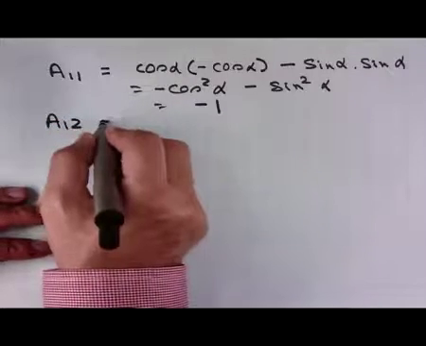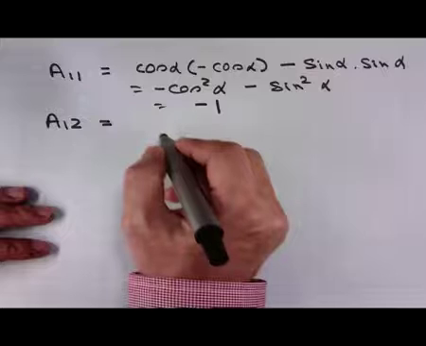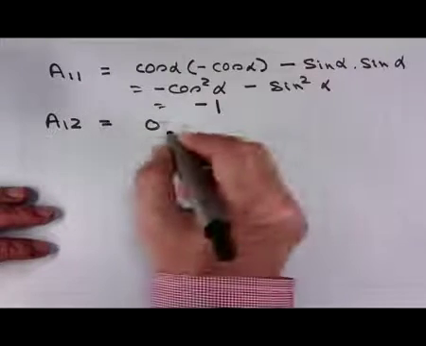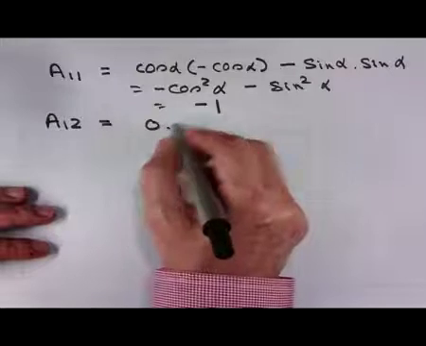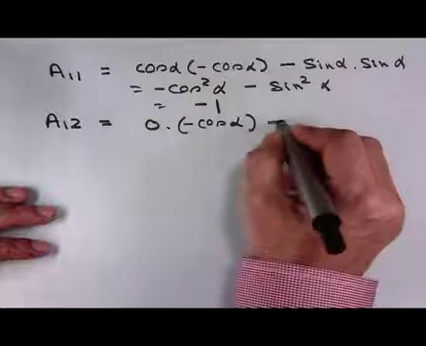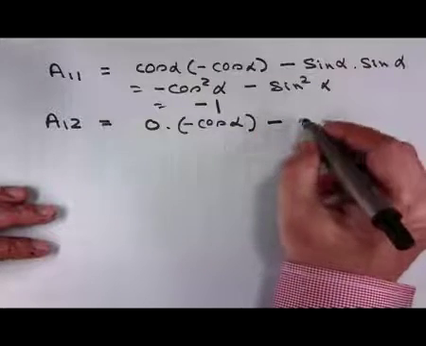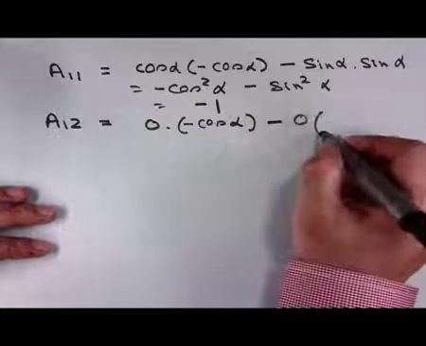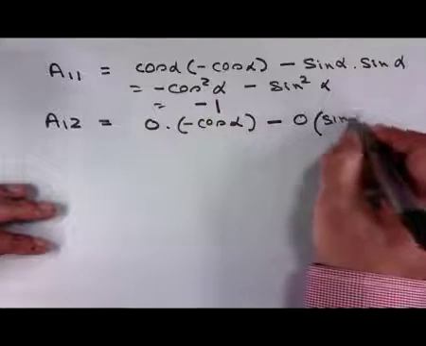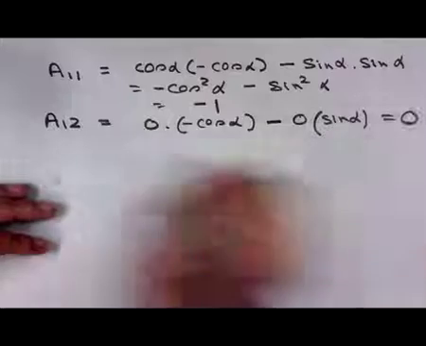A12 is equal to 0 times minus cos alpha minus 0 times sin alpha, is equal to 0.